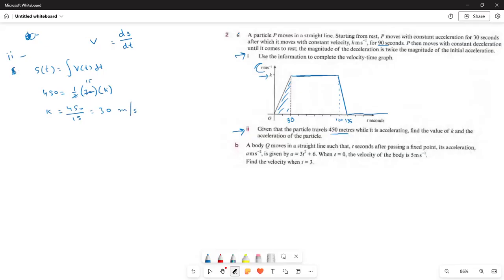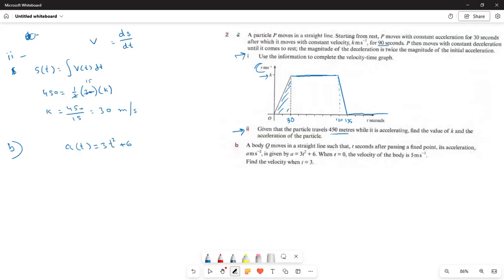Now part B is another question. A body Q moves in a straight line such that t seconds after passing a fixed point, its acceleration is given by 3t squared plus 6. We need to find the velocity.